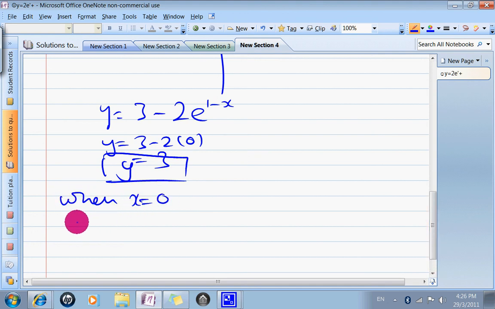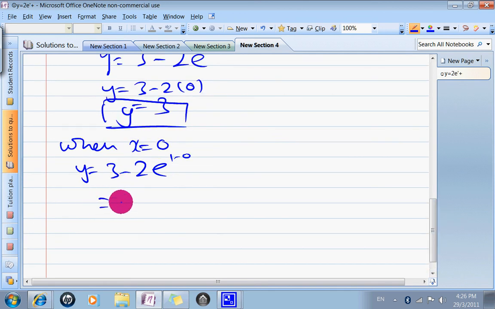When x is 0, y equals 3 minus 2e^(1 minus 0), which gives us 3 minus 2e^1. That will give me negative 2.43. So the coordinate is (0, negative 2.43).